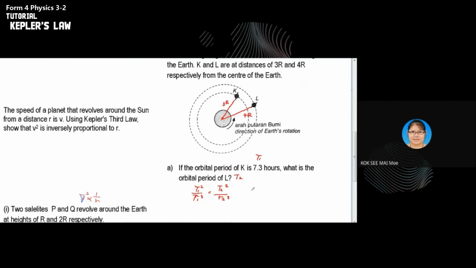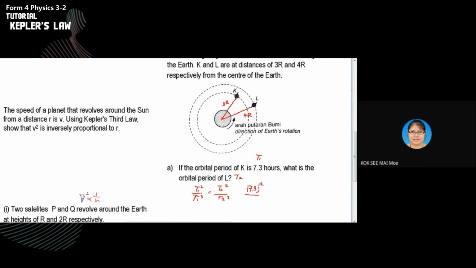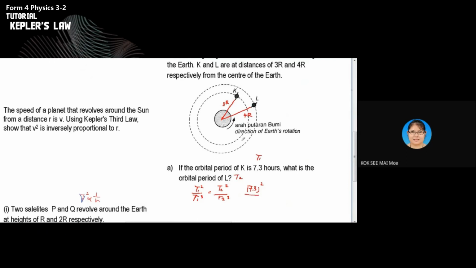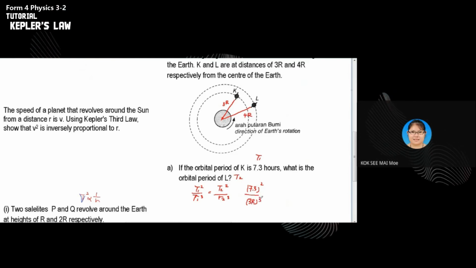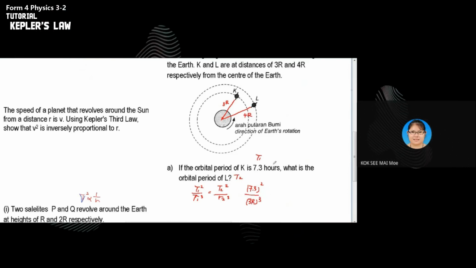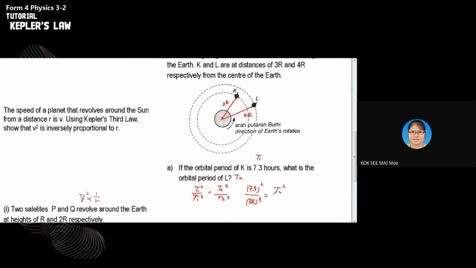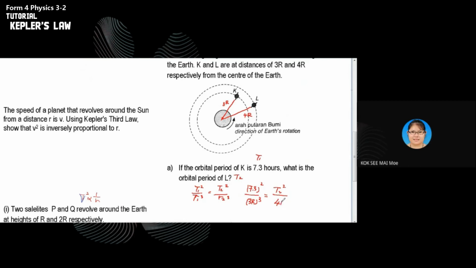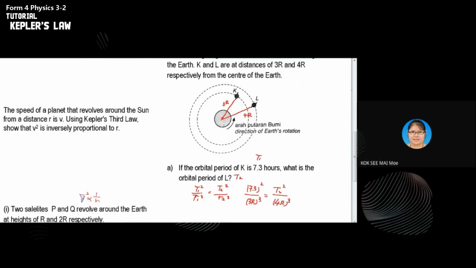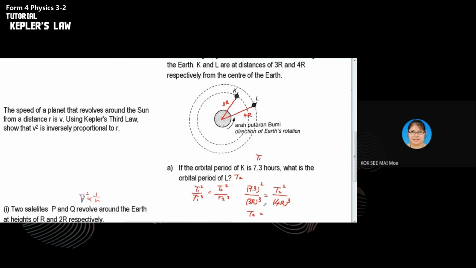T1 is 7.3 squared. R1 is K, so we take 3R cubed. T2 we don't know. Then L is 4R cubed. Find for me the period of L.